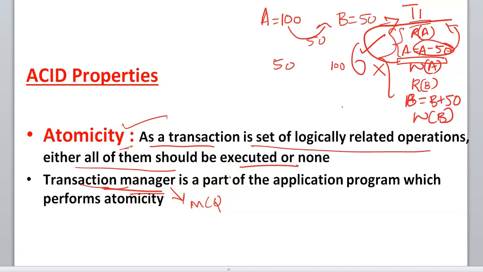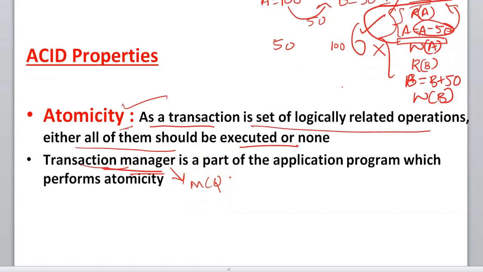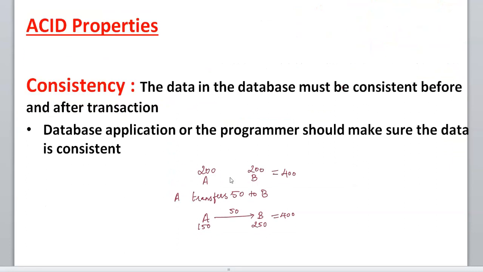Let's move on to our next property, which is consistency. What consistency says is that the data in the database must be consistent before and after the transaction. Look at this example: A initially has 200 in its account, B also has 200 in its account, so the total is 400.